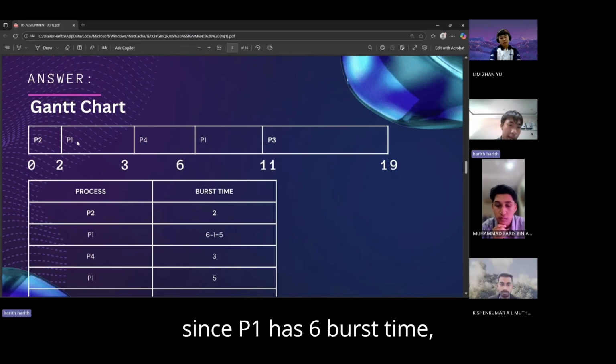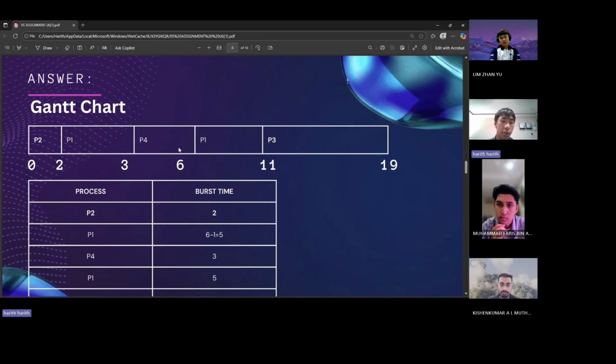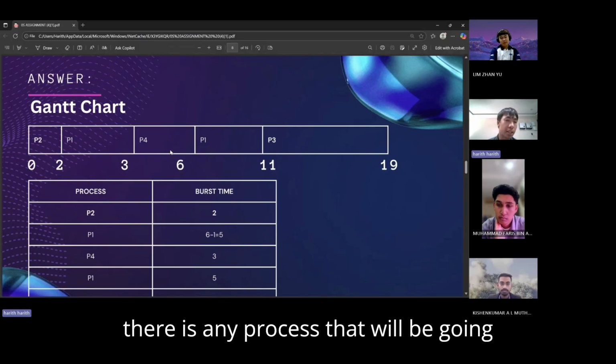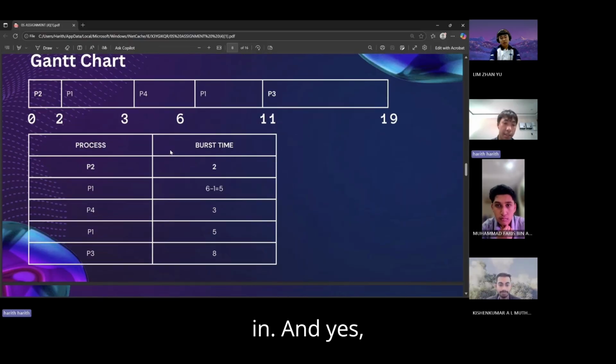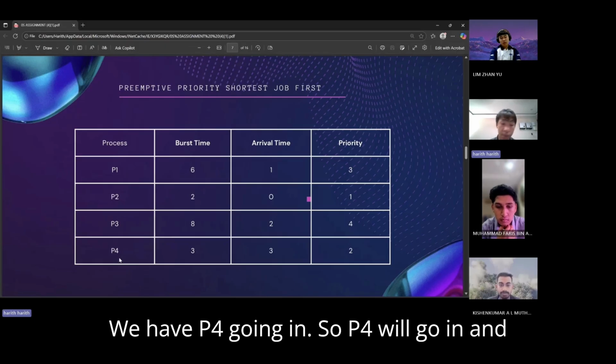But since P1 has 6 burst time, we will see if, throughout the 6 burst time, there is any process that will be going in. And yes, at the third burst time, we have P4 going in.